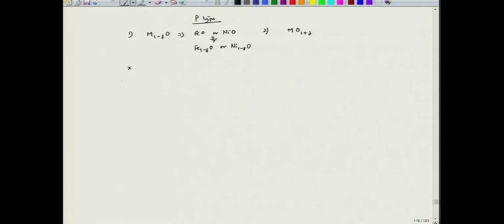If I see the structure, let us draw a simple model, where a cross is a metal ion and a circle is an oxygen anion. So, this will be the distribution.